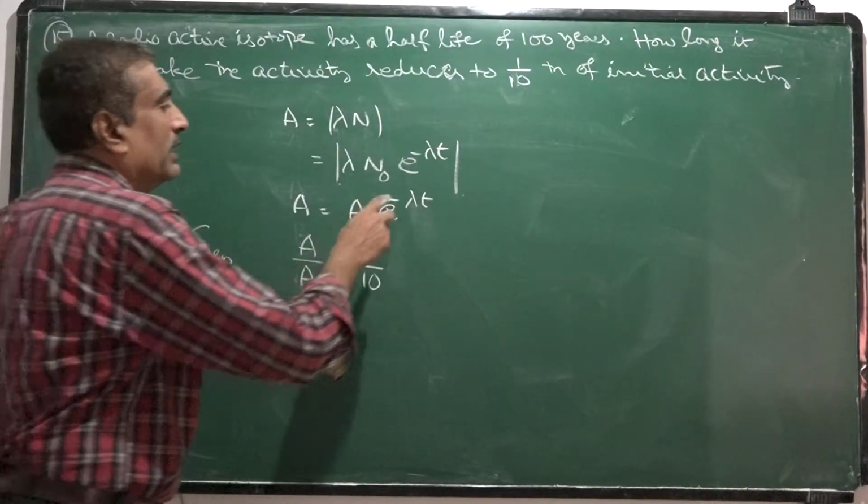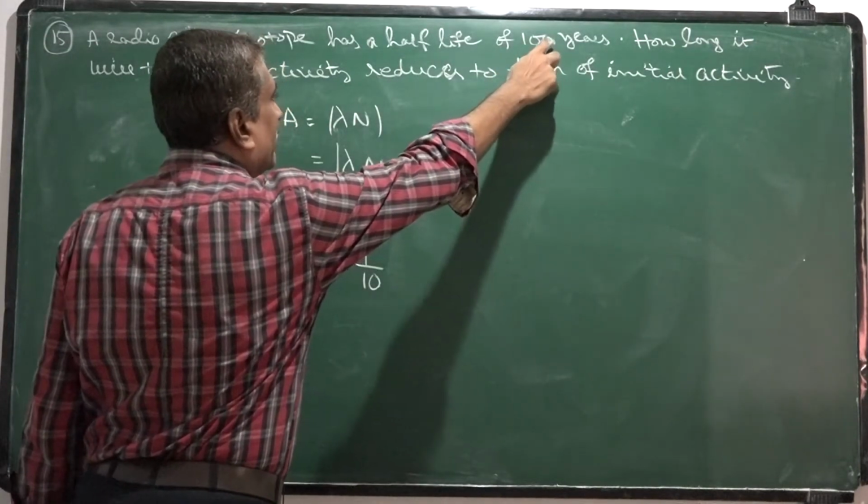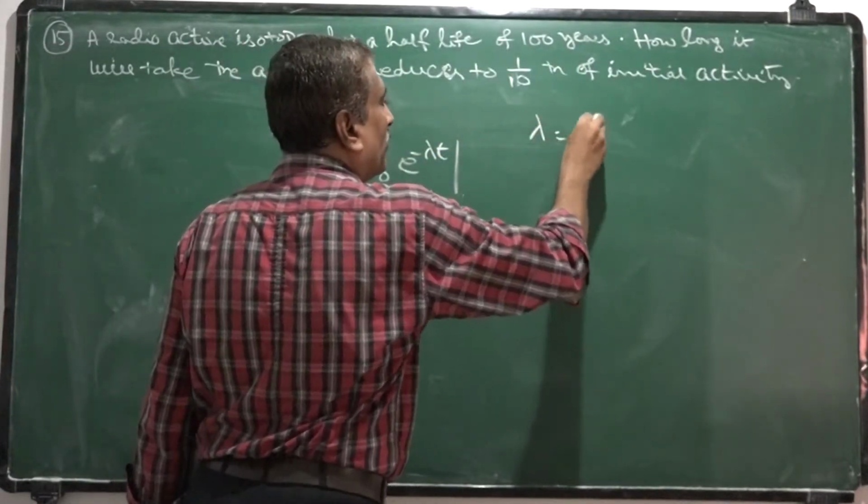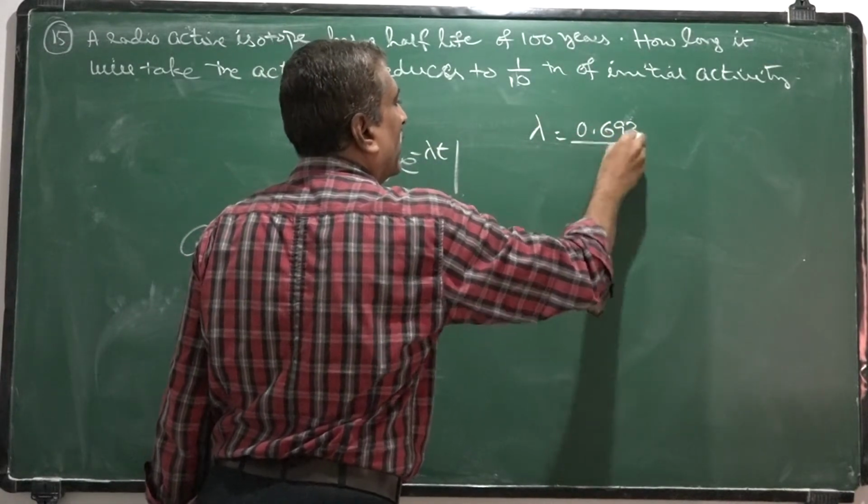And the half-life is given. So λ = 0.693 by half-life.